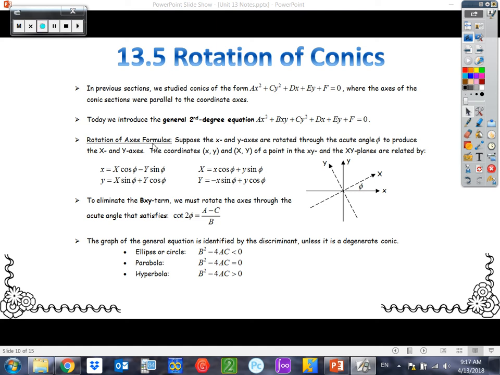So when we rotate the axes, let's look at this picture right here. We're using a little x and a little y to represent our normal xy axes, the ones we've been using forever. And what we're using to represent the rotated axes are big X and big Y. Now, in a lot of textbooks, you will see this as little x with a prime on it.